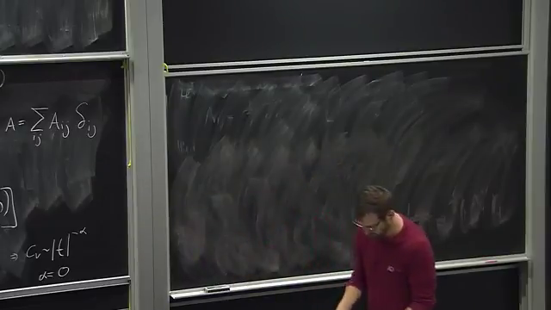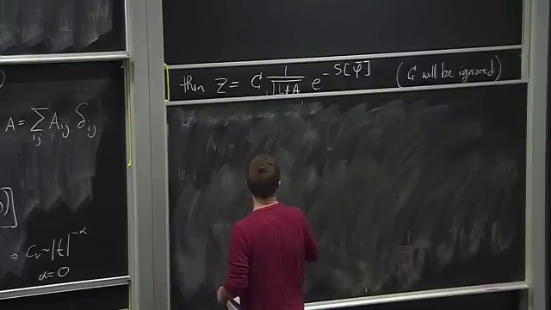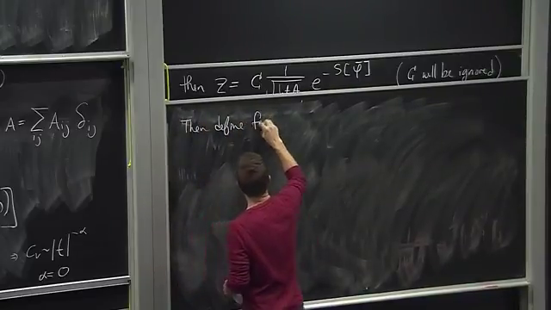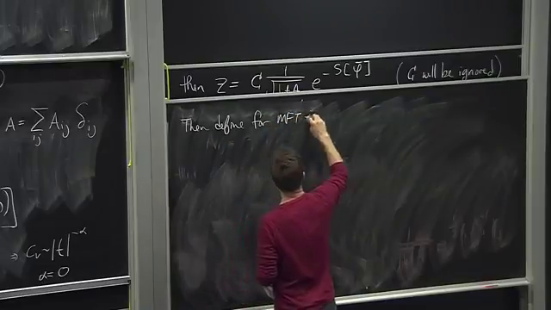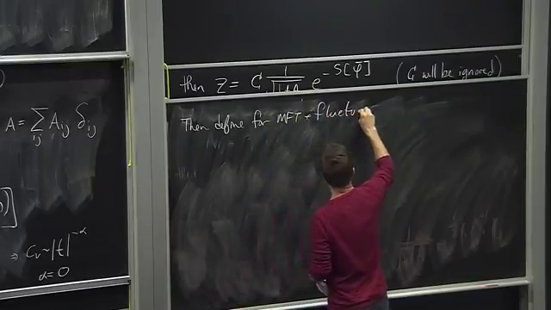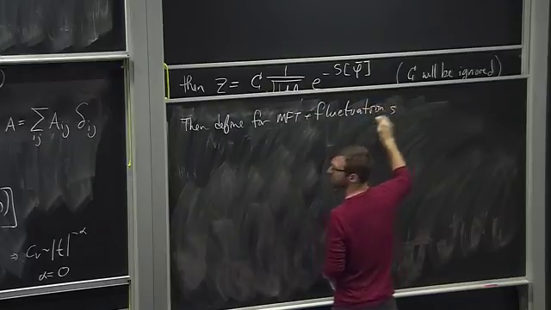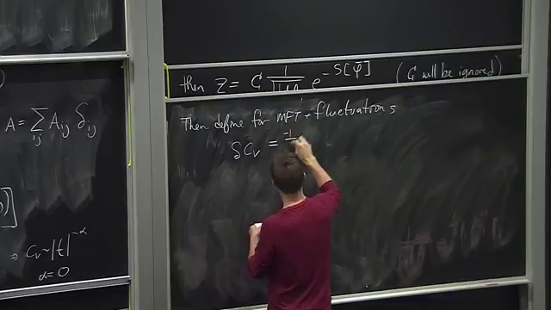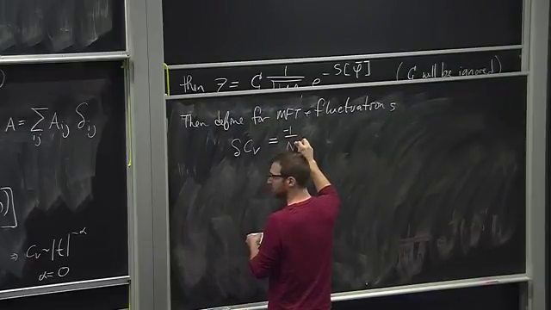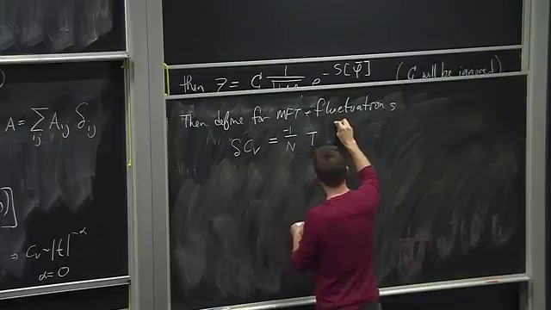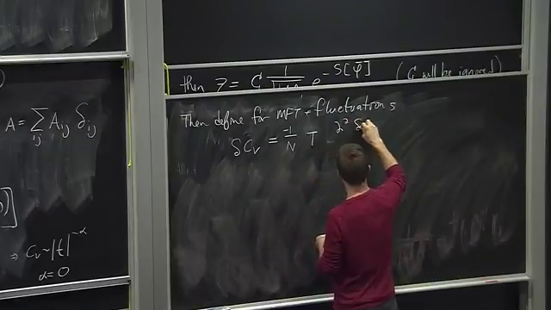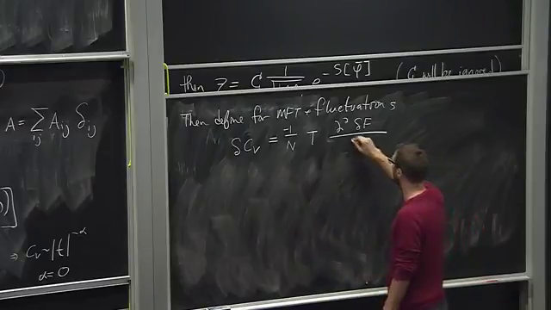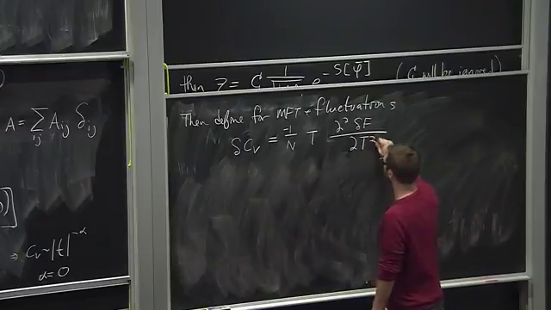Okay, so how does that look? Let's call it delta C_V, I guess. Minus 1 over N, T, second derivative of delta F, over T squared.